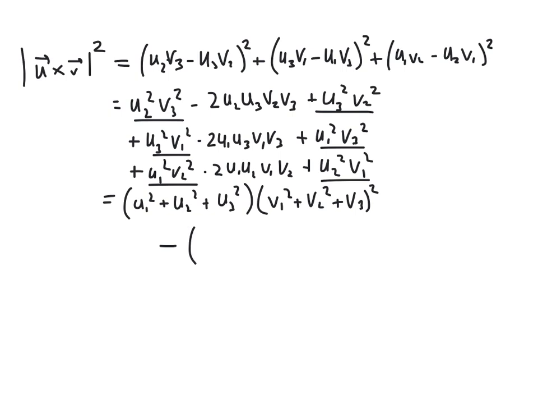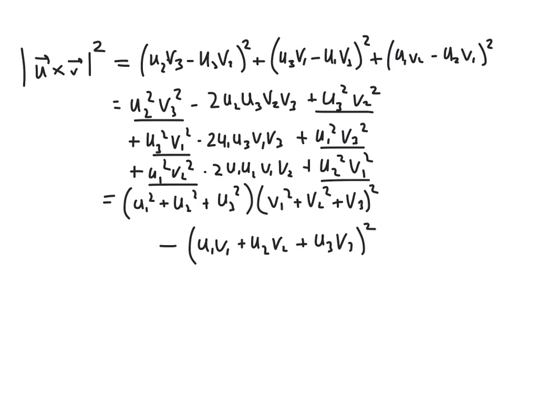So what we need to subtract off is u1 v1 plus u2 v2 plus u3 v3 quantity squared. So those three lines of expression there, that simplifies like this. It's not obvious that it does, but if you just compute out what we have and multiply all this out, you will get exactly what we get in the previous three lines.